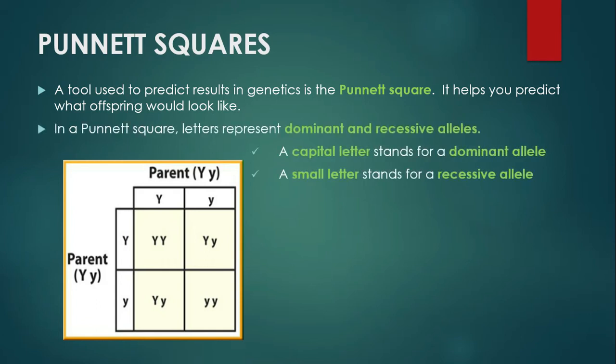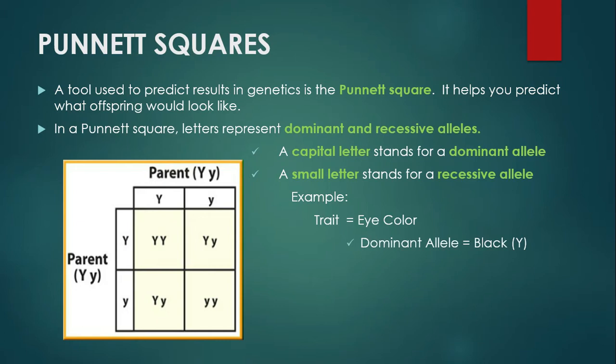In a Punnett square, letters represent dominant and recessive alleles. So what are these dominant and recessive alleles? A capital letter stands for a dominant allele and a small letter stands for a recessive allele. Let's take our example earlier. Our trait is the eye color.